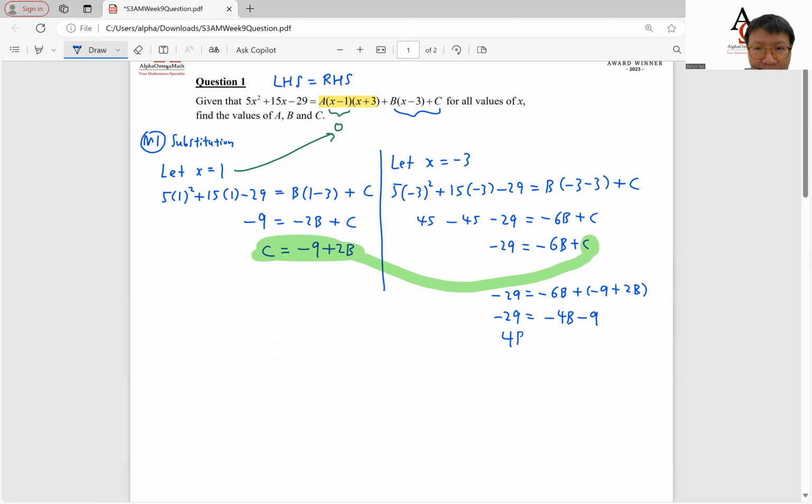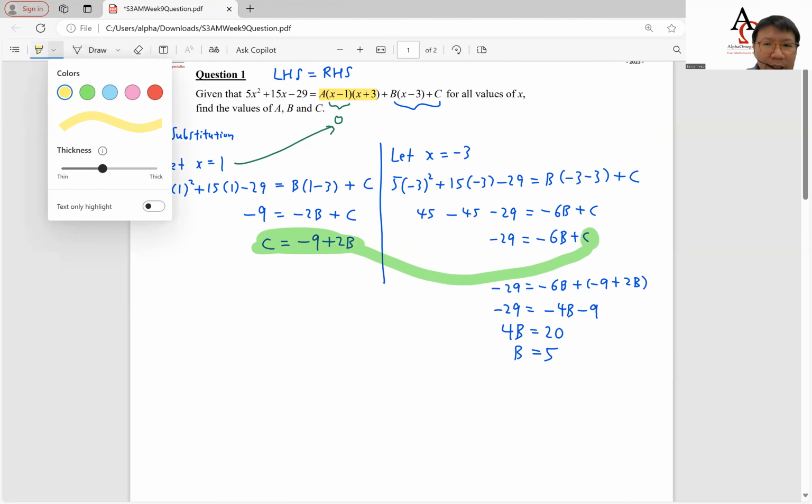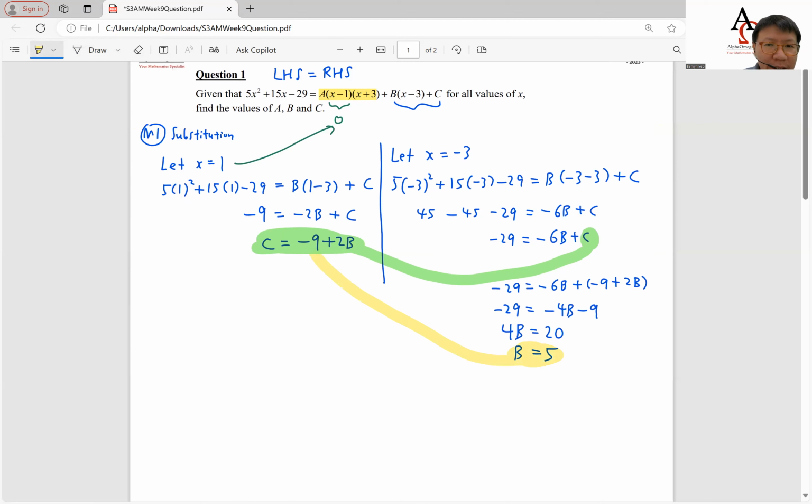By rearranging, 4b will be equals to 20, b will be equals to 5, which means that now we can sub the 5 into this, and that will allow us to obtain our c value as well. Okay, so c will be equals to negative 9 plus 2b. So c will be equals to 1.